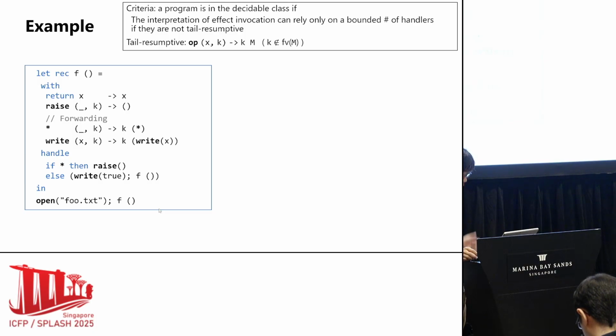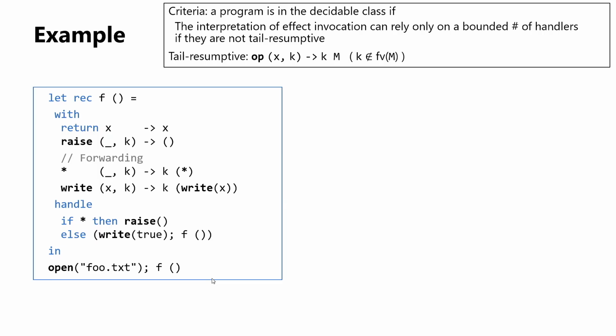So here I define a recursive function, and this recursive function installs new effect handlers for each call. This example is called non-deterministic choice. All operations, including non-deterministic choice and write, are handled here. When the first non-deterministic choice is called, it is handled here, but it is forwarded to the outside.